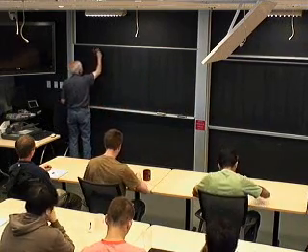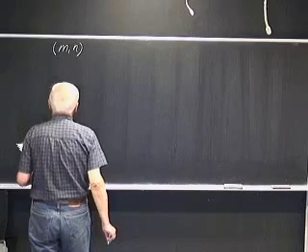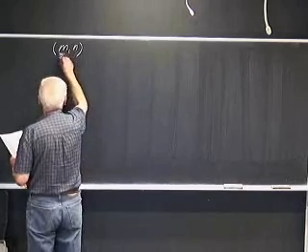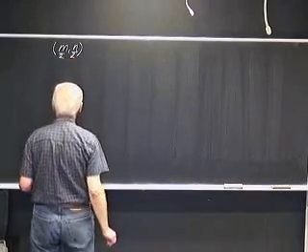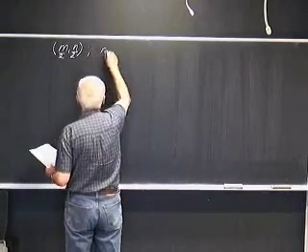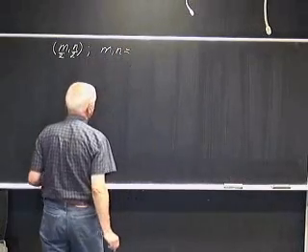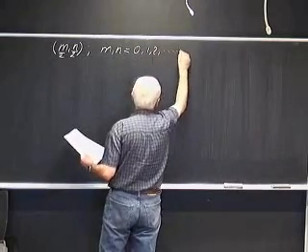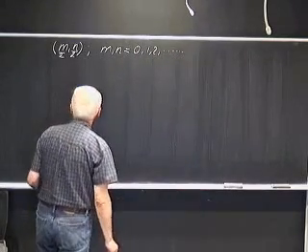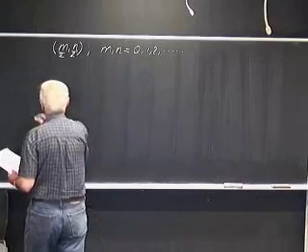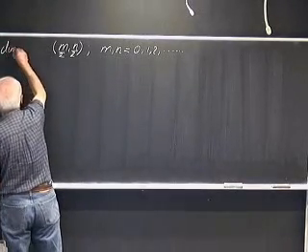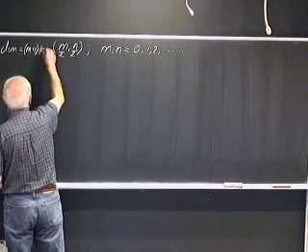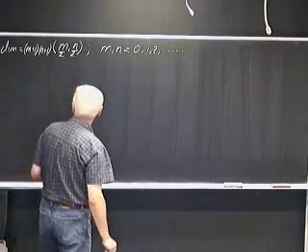So I wrote (M, N), or I used M over 2, N over 2, and those numbers are integers, positive or zero, and the dimension of this representation is (M plus 1) times (N plus 1).